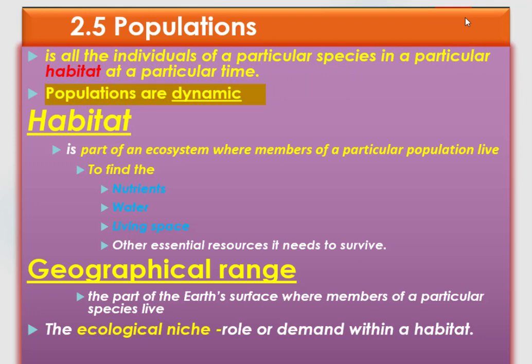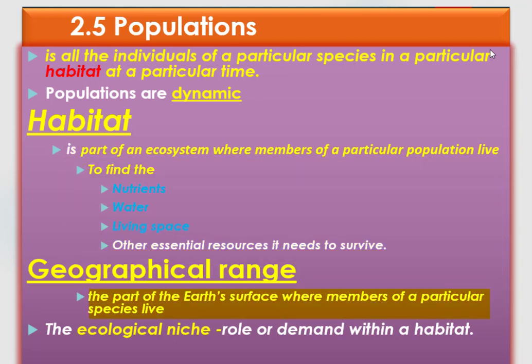That means they are constantly changing due to biotic and abiotic environmental factors. Before we are going to study populations, first we need to describe habitat, geographical range, and ecological niche. Habitat means part of an ecosystem where members of a particular population live on to find the nutrients, water, living space, and other essential resources to survive.